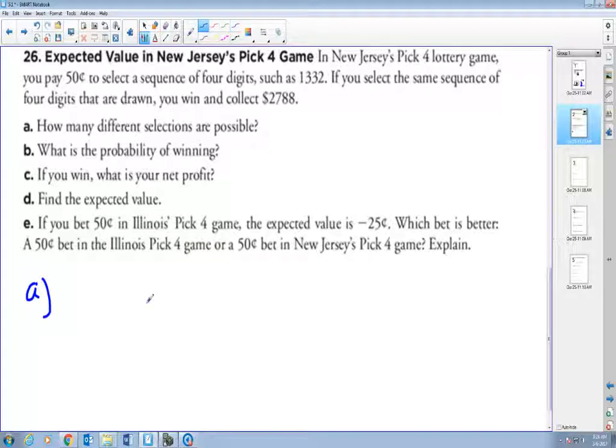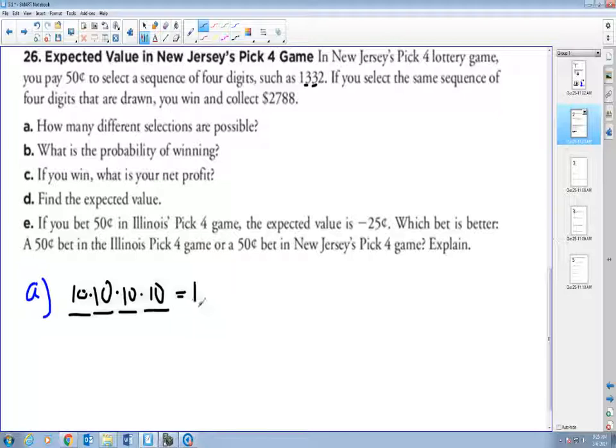I'm going to select 4 digits, and as you can see, the 3 and 3 in the example they gave me allow me to use the same digits, so repetition is allowed. Each digit I should have 10 to choose from, one after the other.